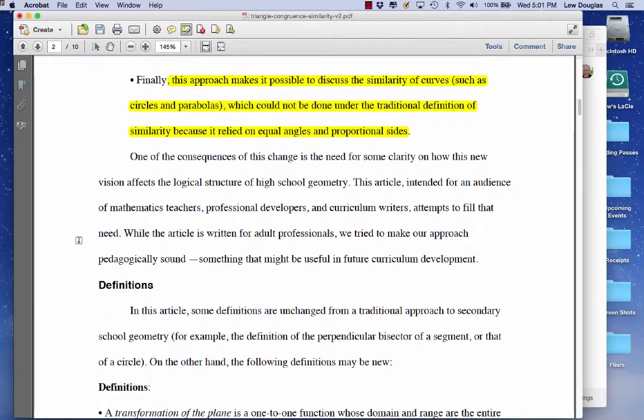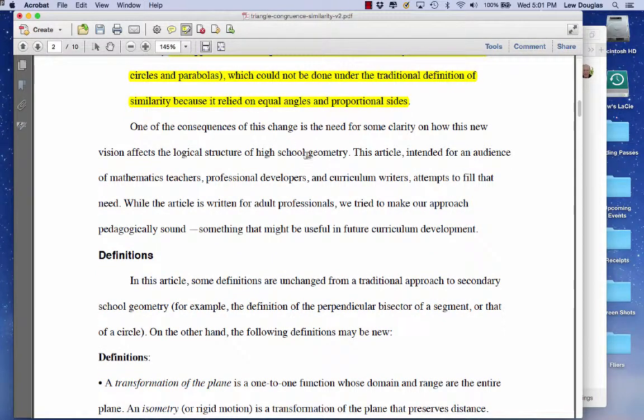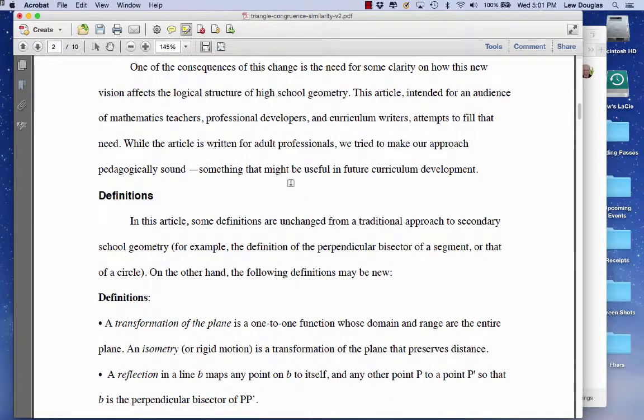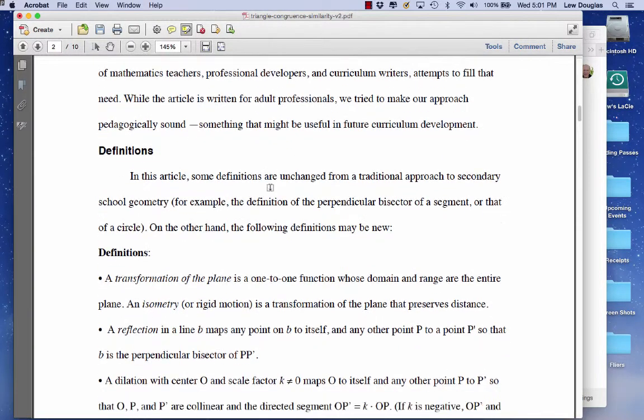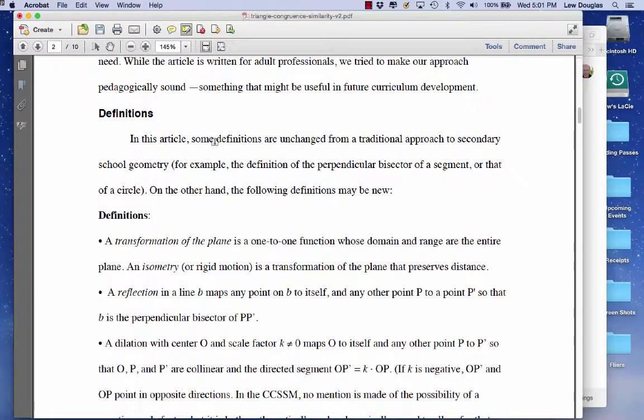Okay. So a consequence, of course, is the need for some clarity in how this new vision affects the logical structure. This article is intended for an audience of math teachers, as it says. It's not written for students, but you are very good, bright students, and so we'll go through the structure. Some definitions are unchanged, and we don't have to say those.